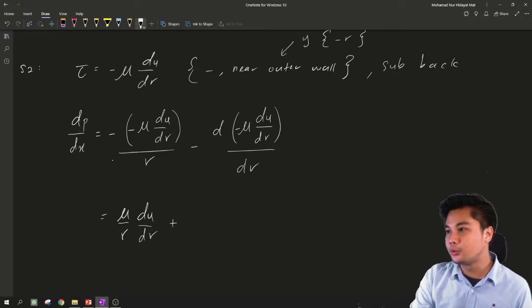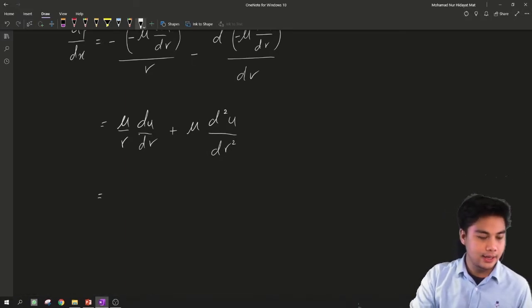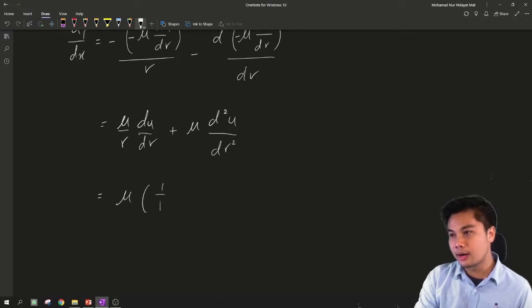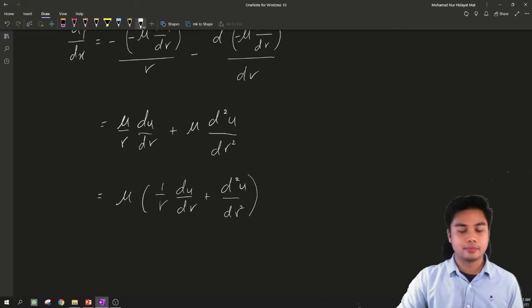This one you try to do the differentiation. This is multiplied inside, mu d squared u over dr squared, because dr multiplies with dr squared. So from here you need to factorize mu. You will get 1 over r du over dr plus d squared u over dr squared.